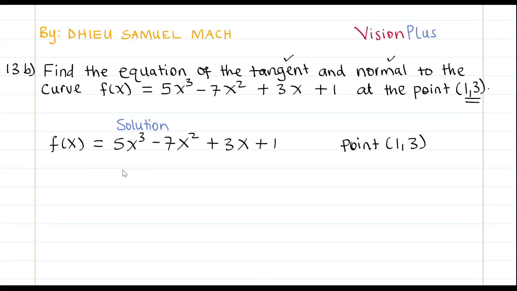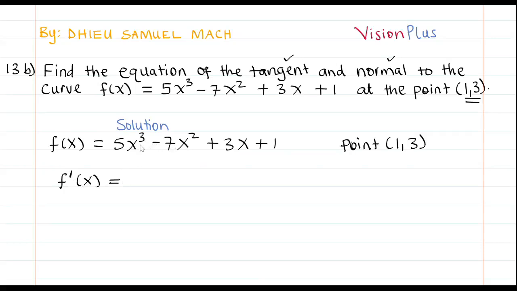It will help us. So since we are given function f of x, we can say the derivative f prime of x, this is the derivative or the gradient function of this curve, equals, then we differentiate this using the law of powers and coefficients.